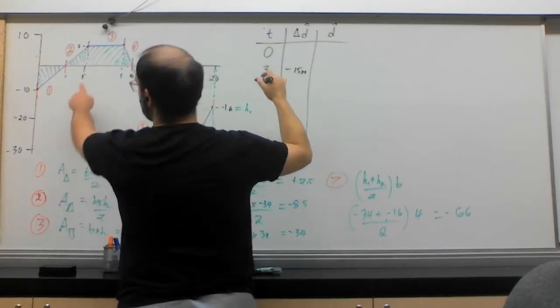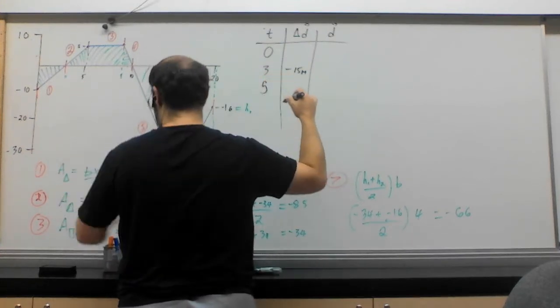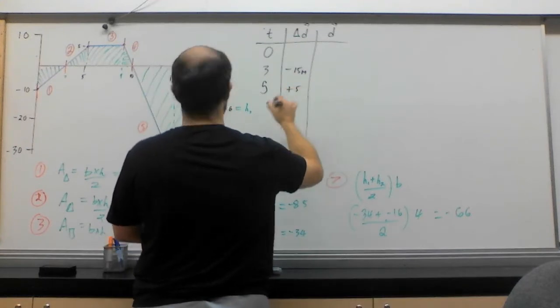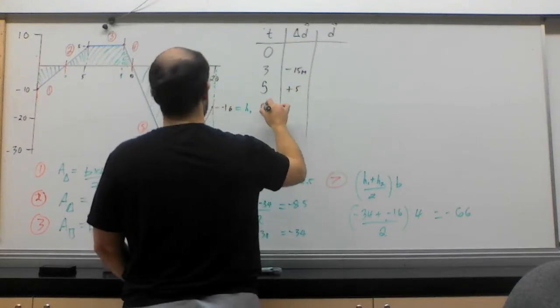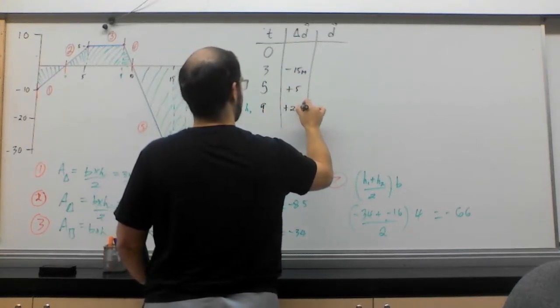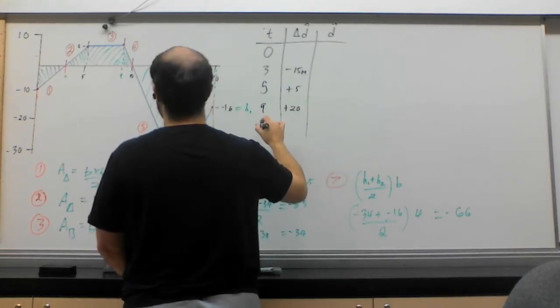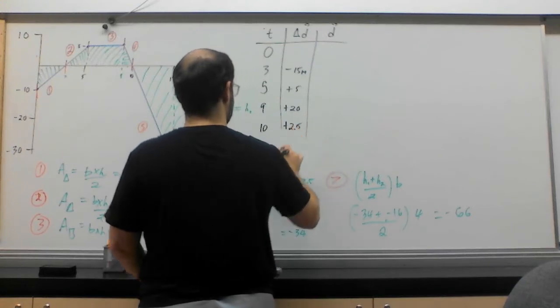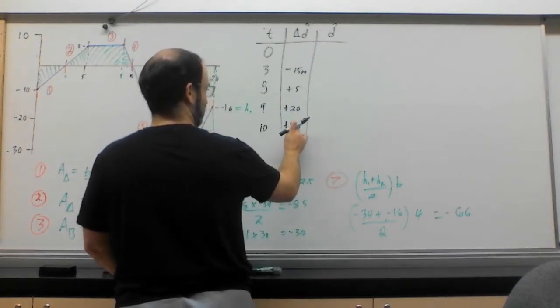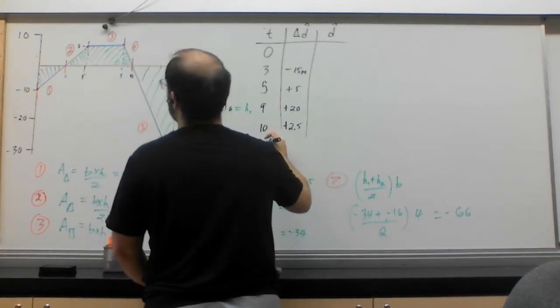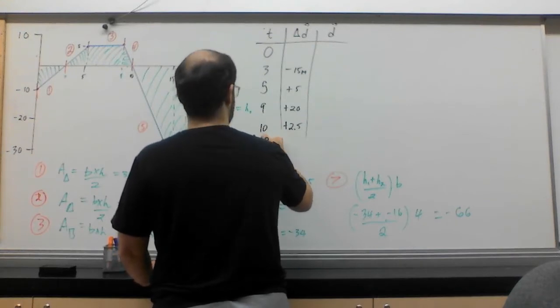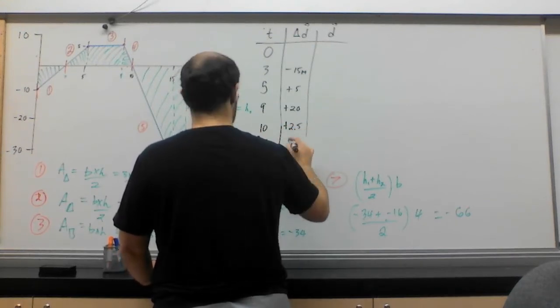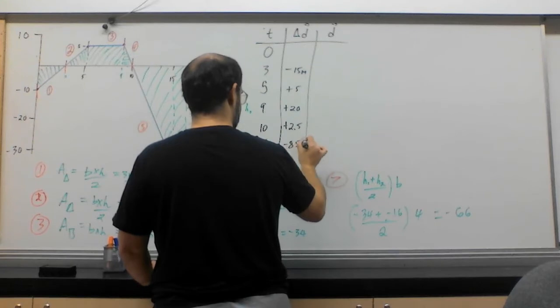So at time 5, we had a displacement of plus 5. At time 9, we had a displacement of plus 20. At time 10, we had a displacement of plus 2.5. Looks more like 2.6. At time 15, we had a displacement of negative 85.